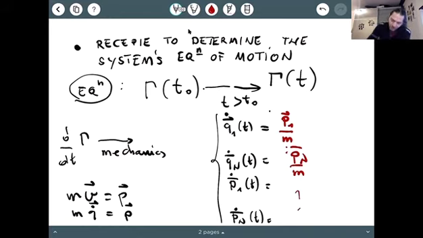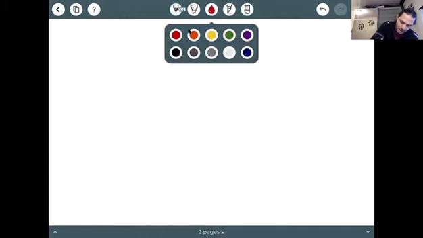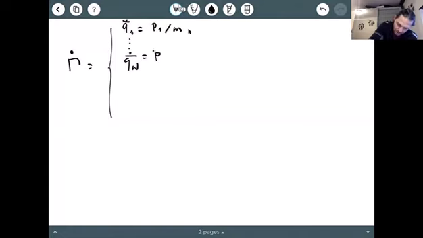The second part of the equation of motion is the part that is a little bit tricky. Now let me make room here by erasing this part. So we said gamma dot is equal to q1 dot, p1 divided by mass, all the way to qn dot, which is equal to pn divided by mass.